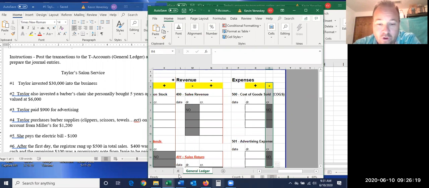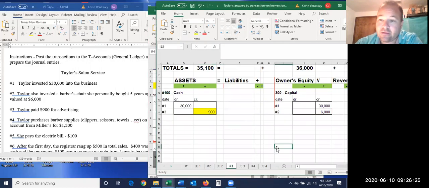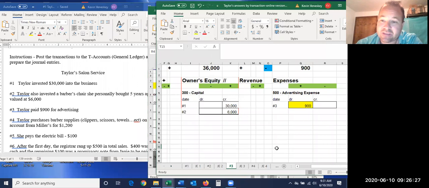So now let's pull up our sheet and come over here to the expenses. Since this is the first expense, that's why I have it first. Number 3 here, we're debiting our expense. It's on the debit side. It's a plus. We got the benefit of $900.